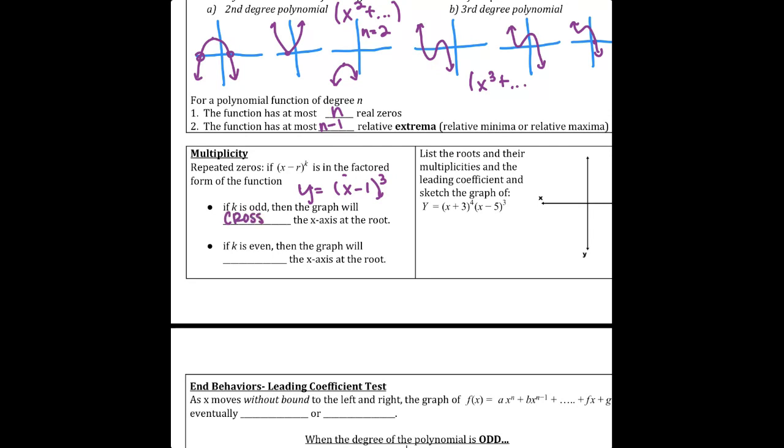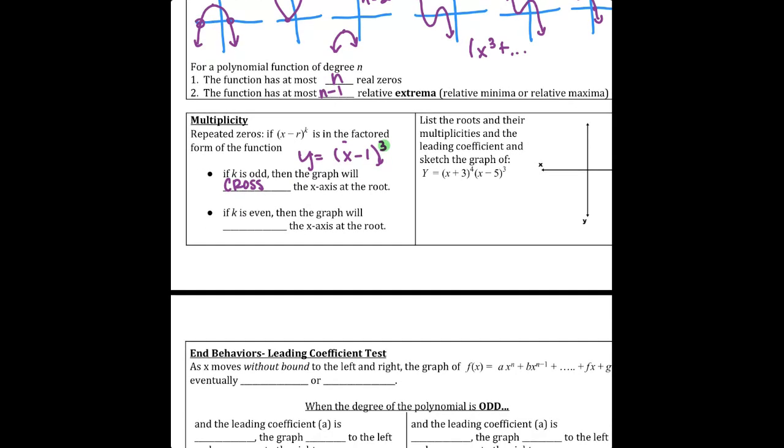So if the exponent is odd on the actual root itself, then the graph will cross the x-axis. I know you talked about this in Math 3. Okay, so if I have an example like x minus 1 squared, then if the degree is even, the polynomial will bounce off the axis.